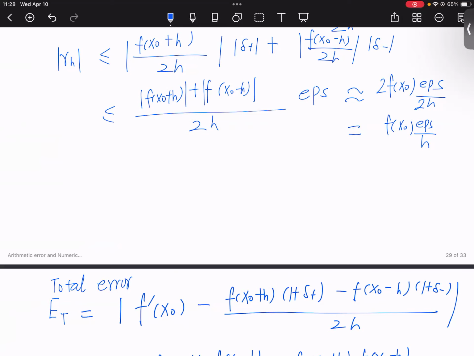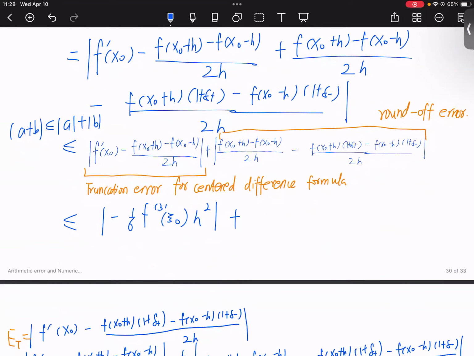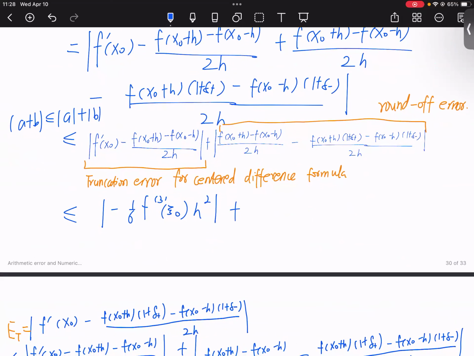So I'm just copying this part to the analysis here, and then I got f(x0), because I'm going to take the absolute value. So I have this epsilon divided by h.